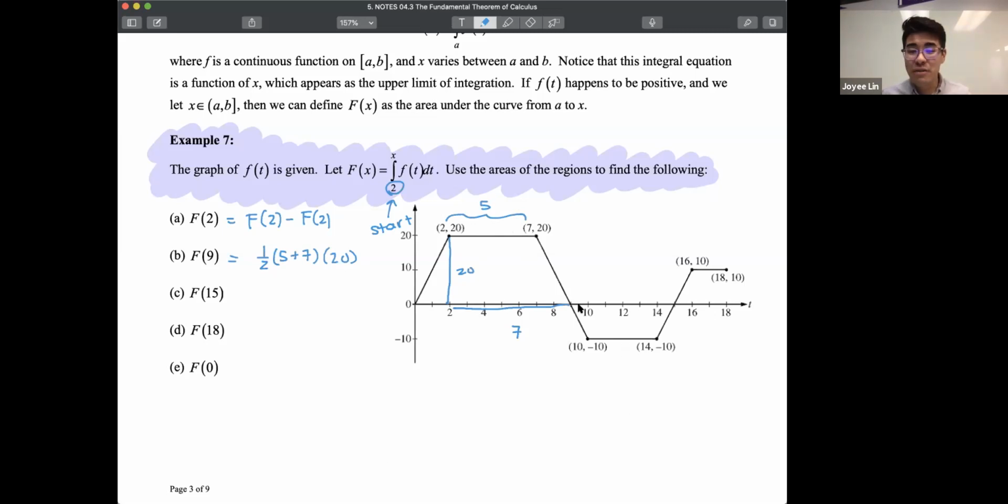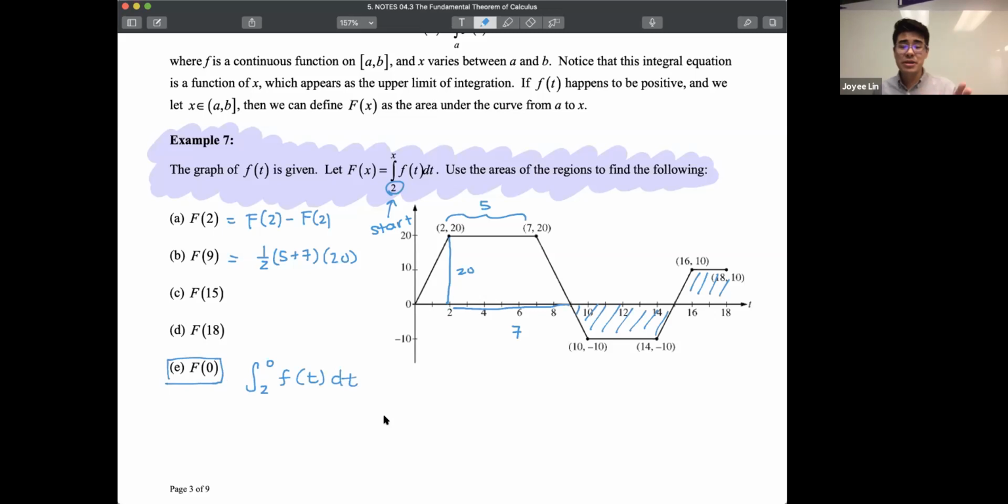Then part C, what do we have to do? We have to remember to subtract this area down here, right? Because that area is beneath the x-axis. And then what do we do for part D? Then we add this other thing over here, right? So B, C, and D are pretty straightforward. And please be careful with part E, right? Part E, if we plug in 0, we're integrating from 2 to 0 of f of t dt, right?